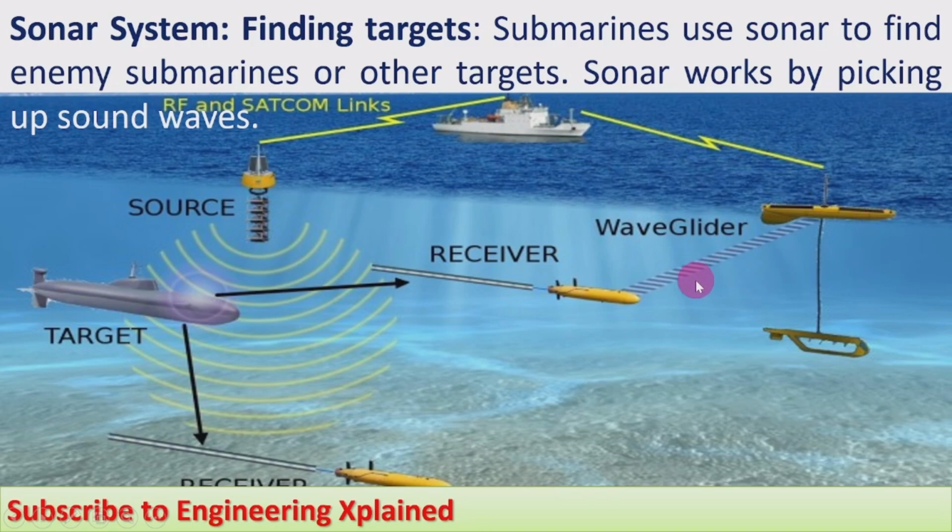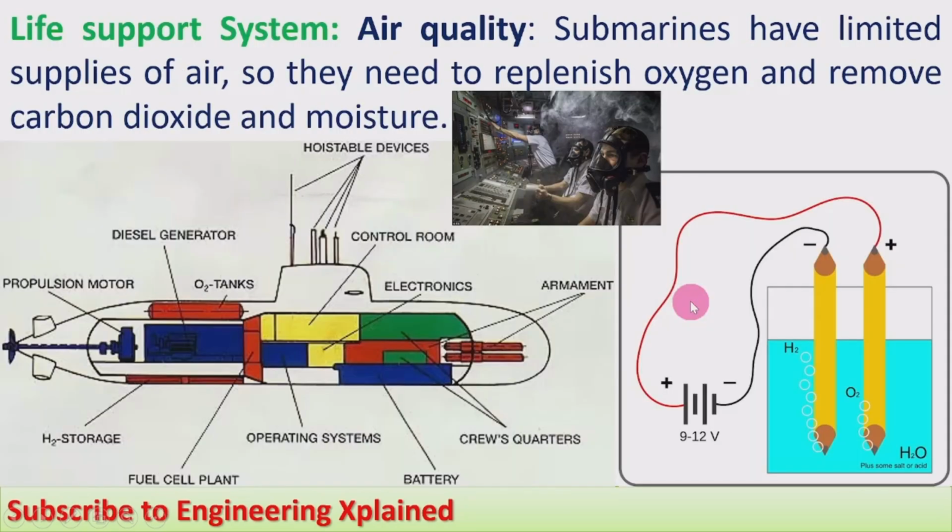And later, if any enemy submarine or object is required to be destroyed, then the submarine will launch its armaments or missiles to destroy it. All these things happen inside the sea by using submarines.